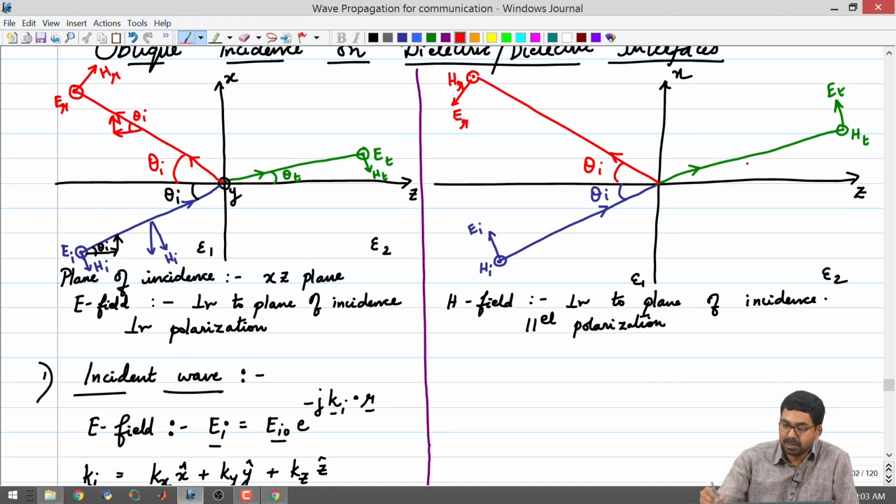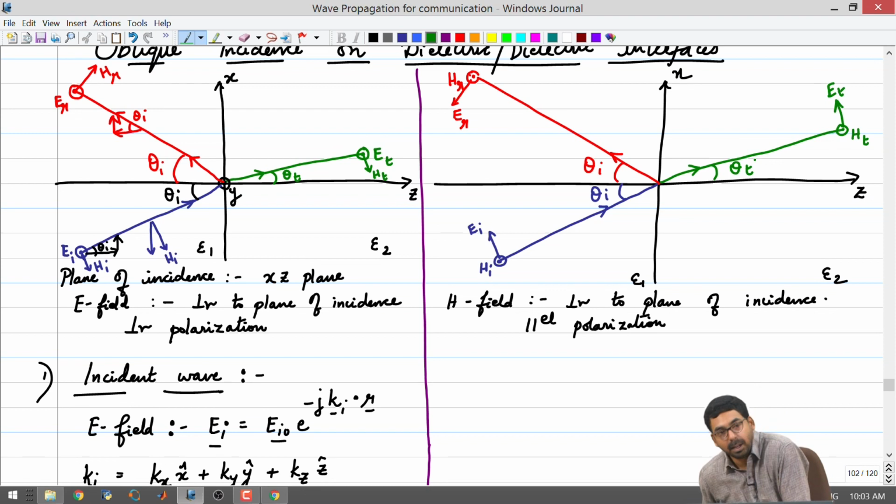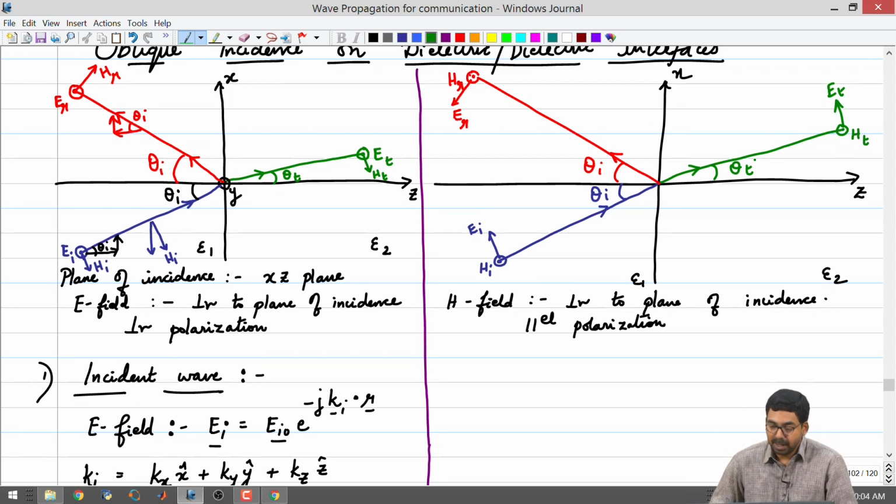The same thing happens for the transmitted ray. The only detail that we need to add is theta t can be different than theta I, and if it is two different media with epsilon 1 and epsilon 2 permittivity, theta t is different than theta I. So, we will start with writing down the expressions for the incident wave, transmitted wave, reflected wave, and apply the boundary conditions.